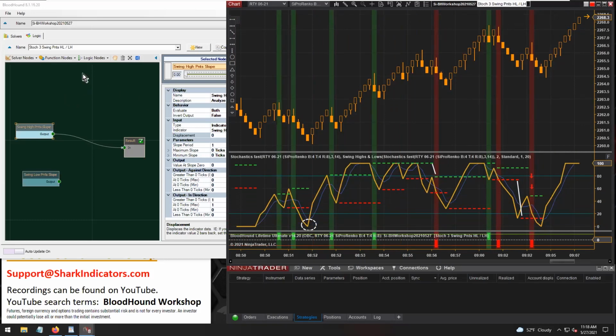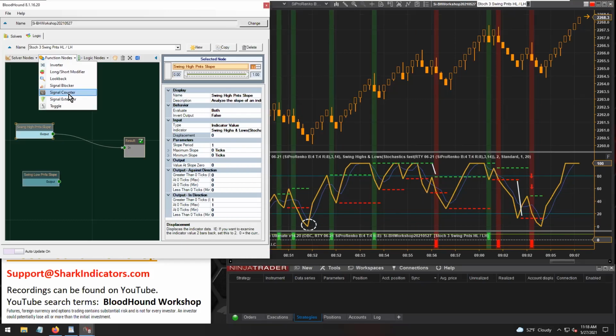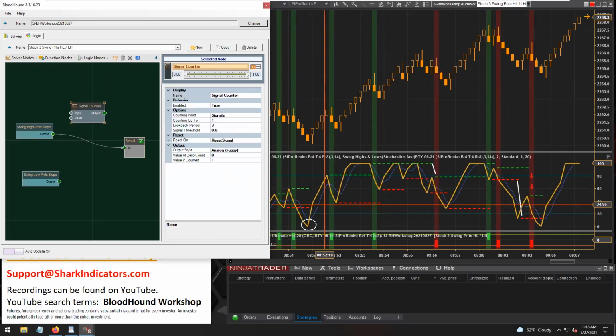Let's see here. To start counting signals, I'm just trying to think if the signal counter is the best solver to use. Normally we would use the signal counter, and we just count for the second signal. So once we get two signals in a row, we're done with it.